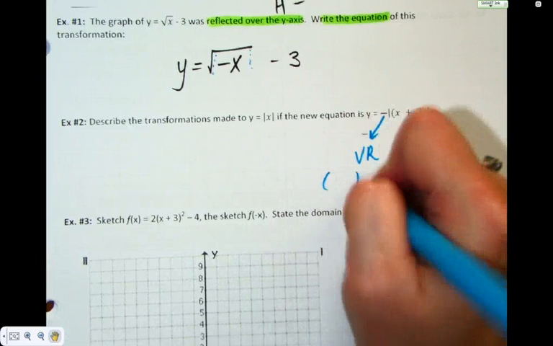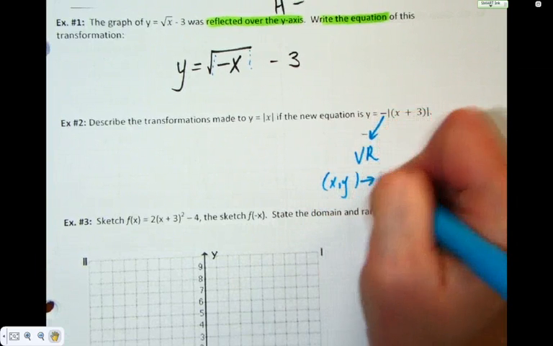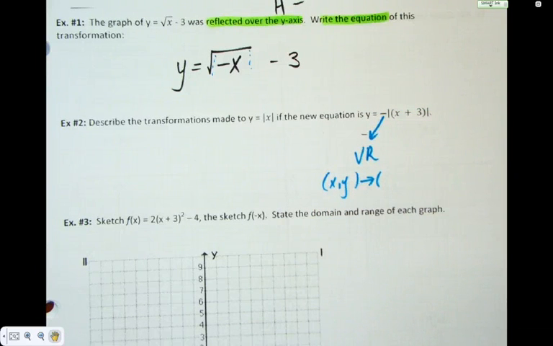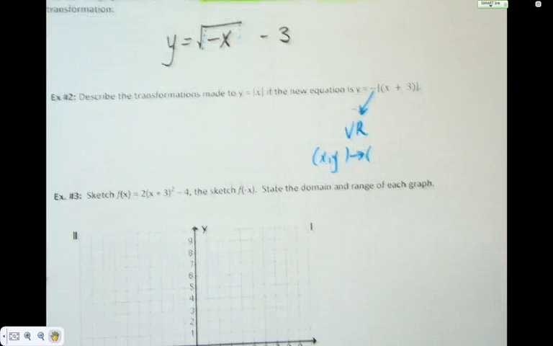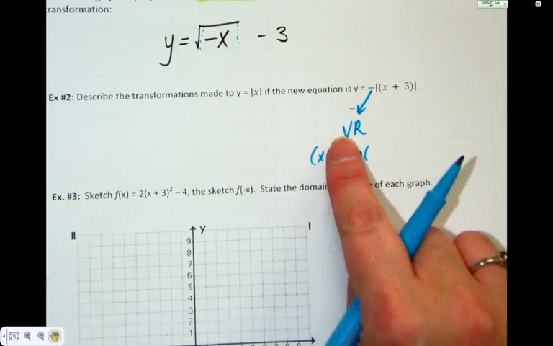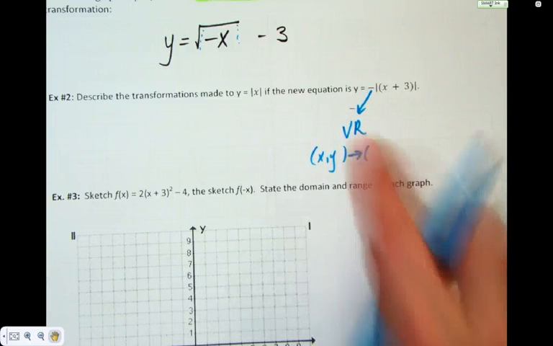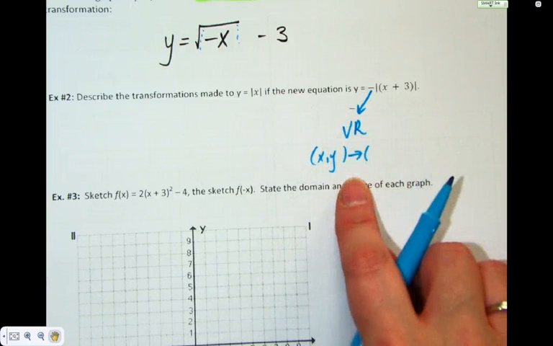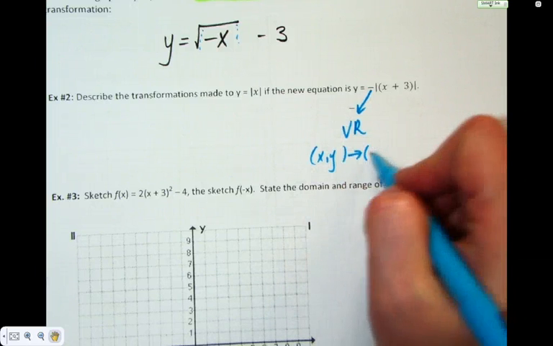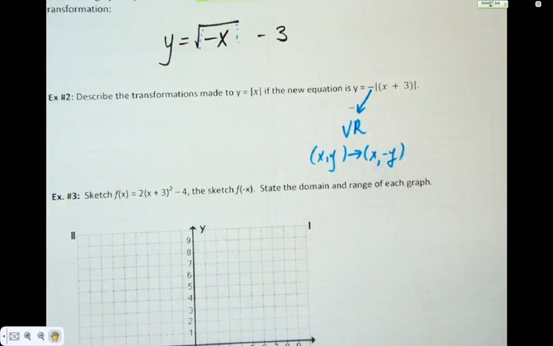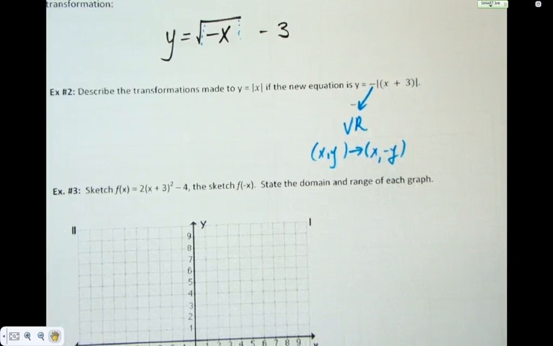So describing, we have to add either in words, or we tend to use the mapping because it's not as many words. (x, y) is going to go to, well, vertical affects the y's, so x stays the same, y becomes negative.